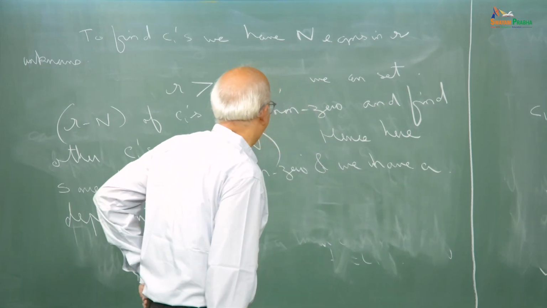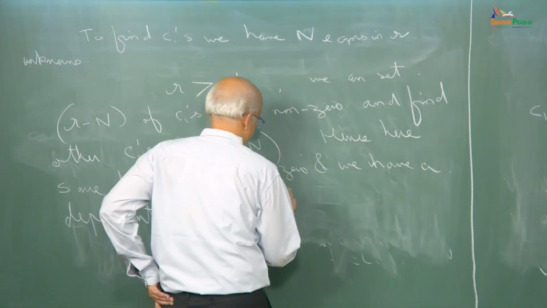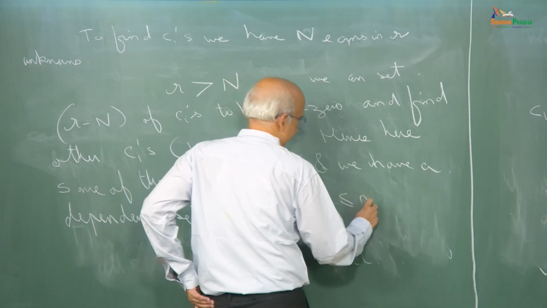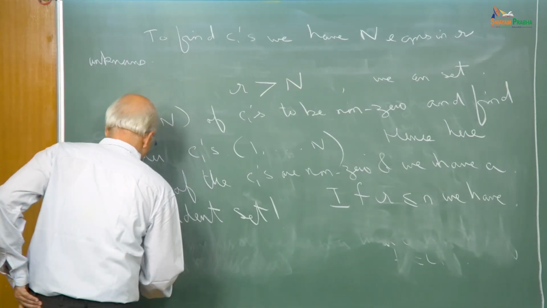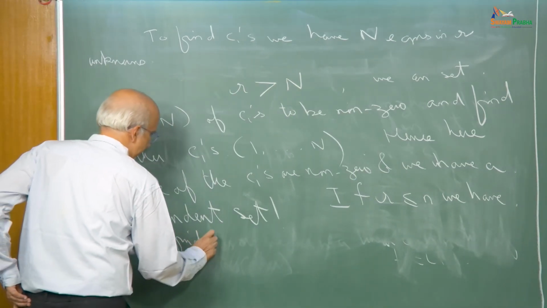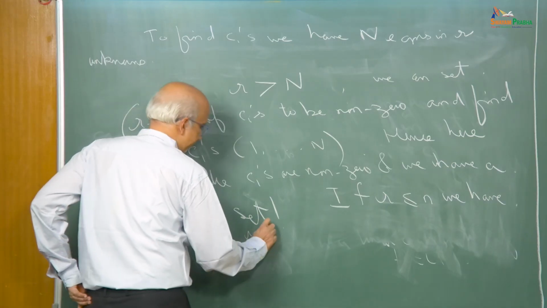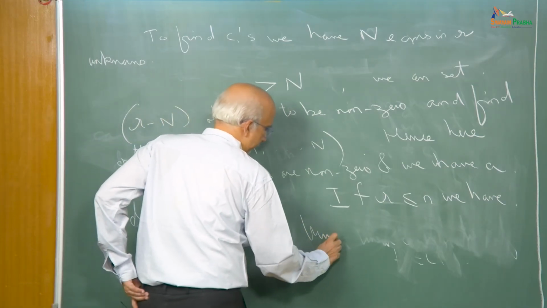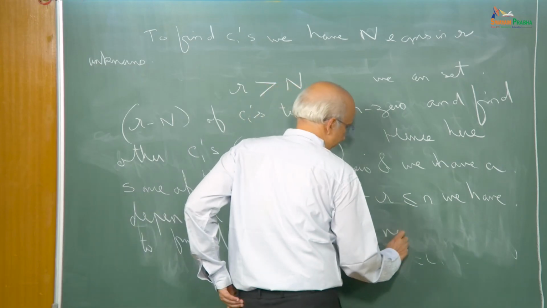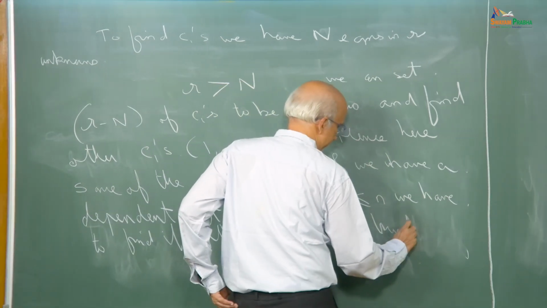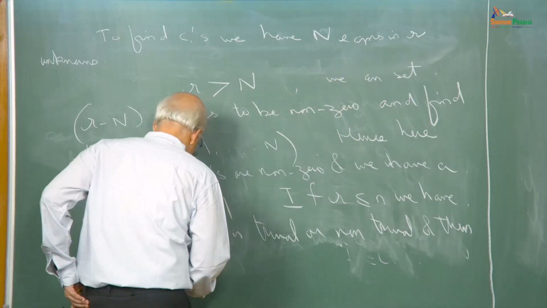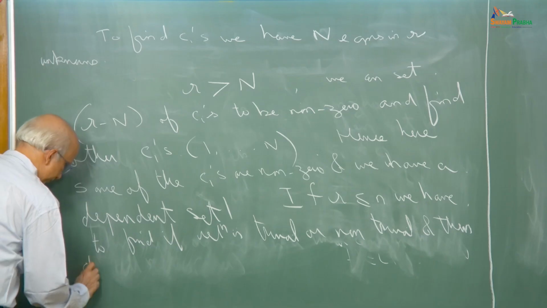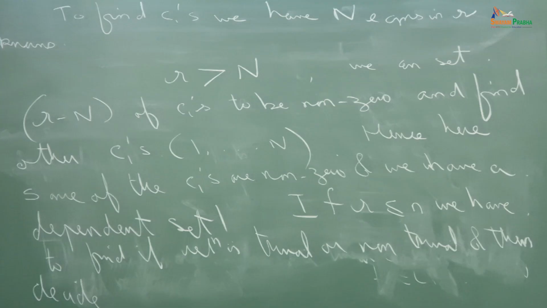So, if R is less than or equal to n, we have to find if the relationship is trivial or non-trivial, and then decide.